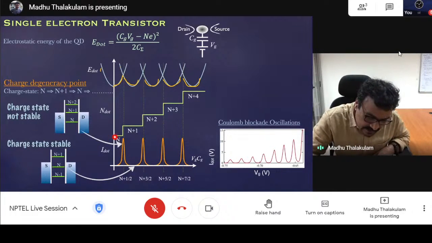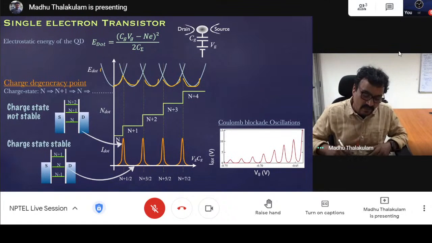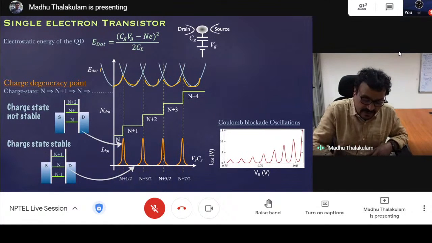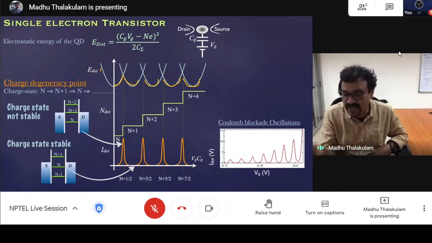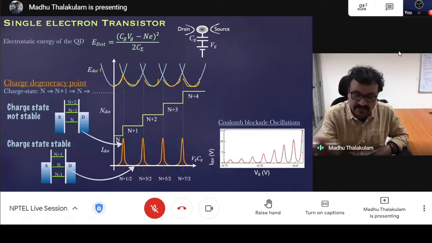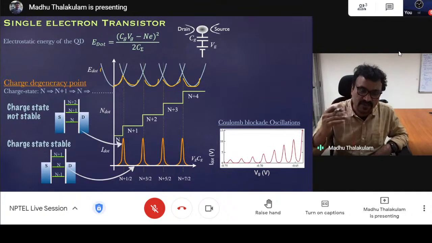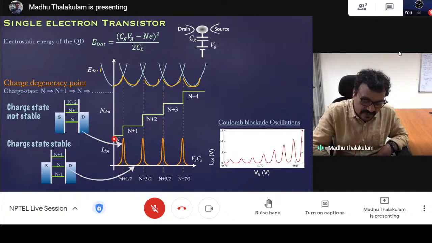And the green line here represents the overall charge of the dot. So whenever you pass one Coulomb blockade peak, you increase or decrease the overall charge on the dot, depending upon which direction you are going. So for example, you charge from n, then n plus 1, n plus 2, n plus 3, and so on.